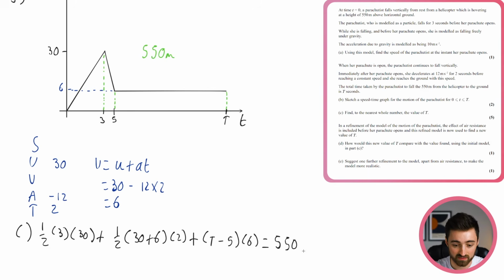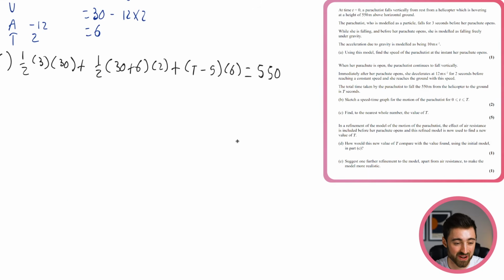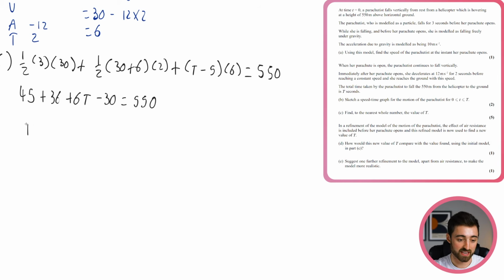So at this point, I just do the maths, right? Half times 30 is 15. Times that by 3, I get 45. A half times 2 is 1, so they cancel, right? I just get 30 plus 6, which is 36. T times 6 is 6t. Minus 5 times 6 is minus 30. That equals 550. So all I need to do to get t is take all of the numbers onto the other side.